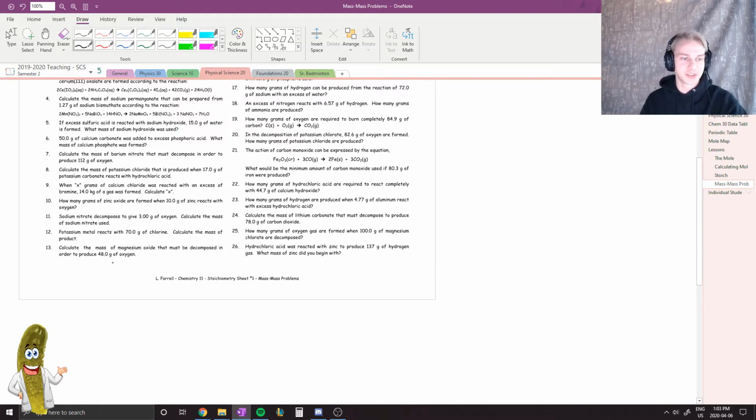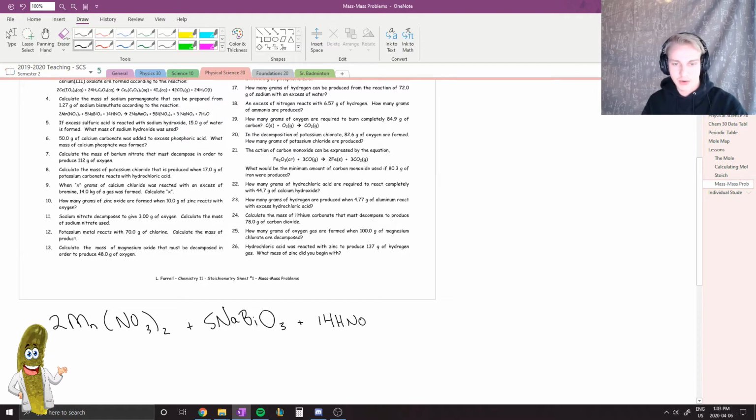So we're actually given the chemical reaction: 2Mn(NO3)2 + 5NaBiO3 + 14HNO3 goes to form 2NaMnO4. Oh, this is the world's longest equation.